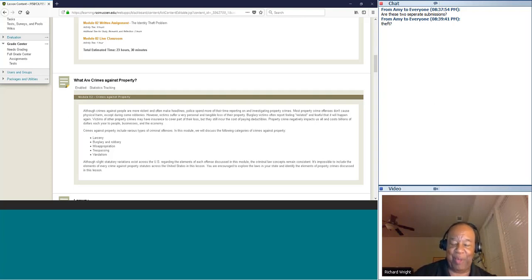Taking the property from another with intent to permanently deprive that individual. Those are the elements there. Now, borrowing is not the same as larceny. But remember, borrowing has to come with the understanding of the party who gives it.